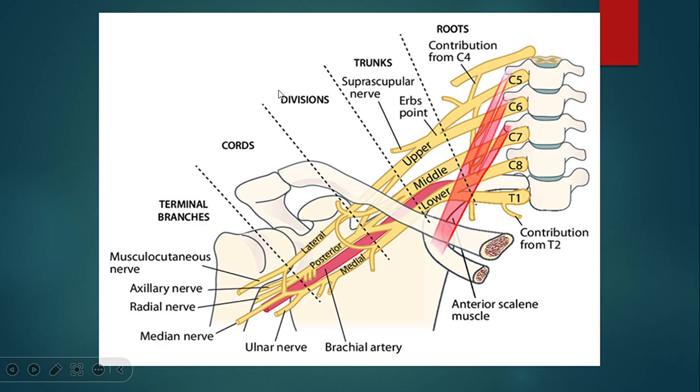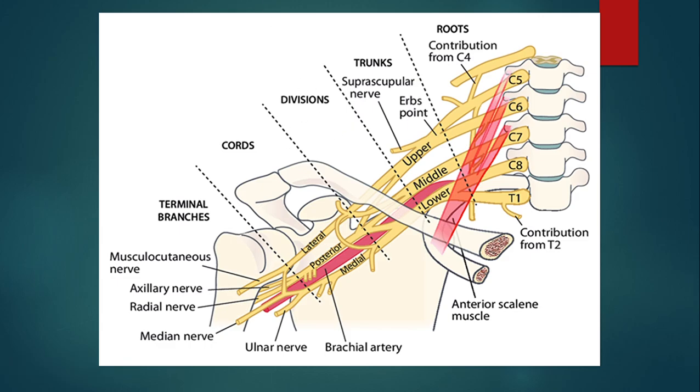Then next you have divisions. So these trunks now will divide posteriorly and anteriorly. Each would divide posteriorly and anteriorly. So when you're talking of divisions, you talk of the anterior and the posterior.